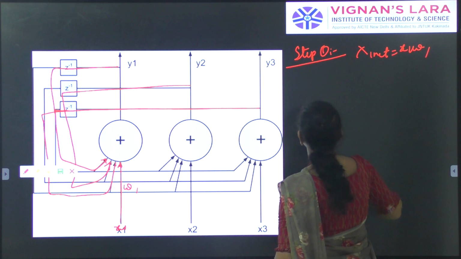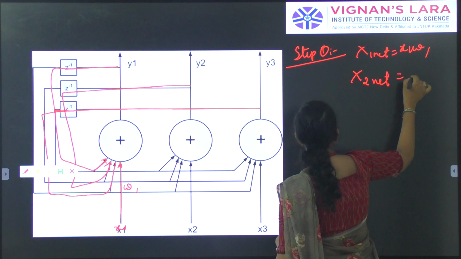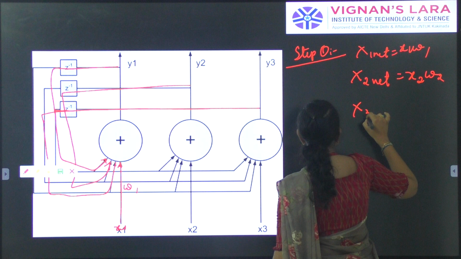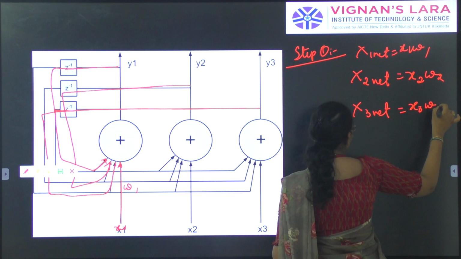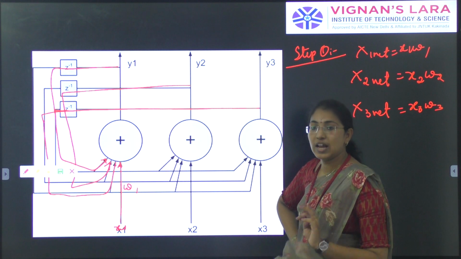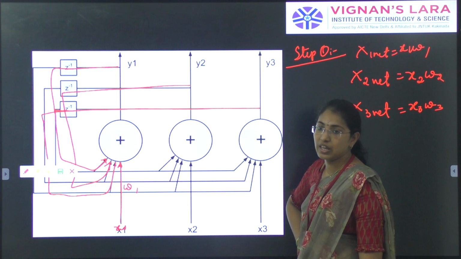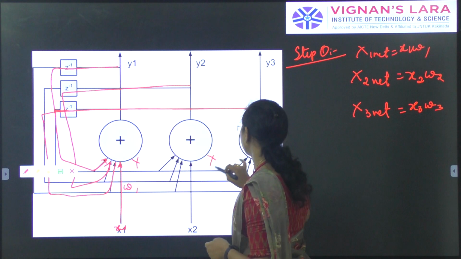The same way you will get x2 net, x2 w2, and x3 net, x3 w3. So you are getting three values, x1 w1, x2 w2 and x3 w3 as the three inputs for the three neurons.